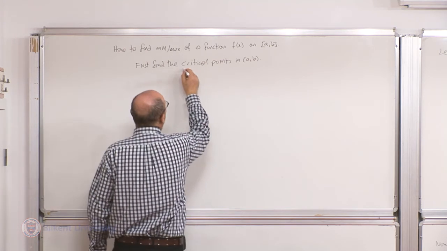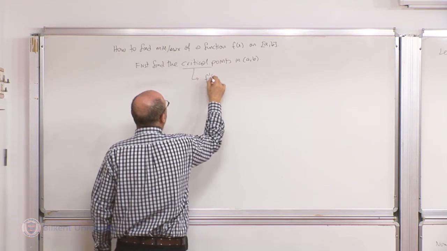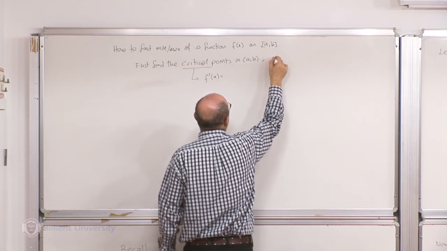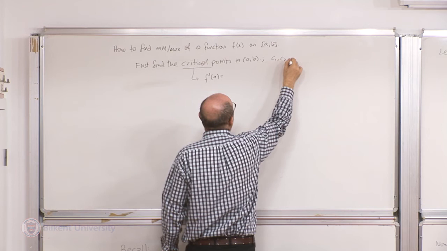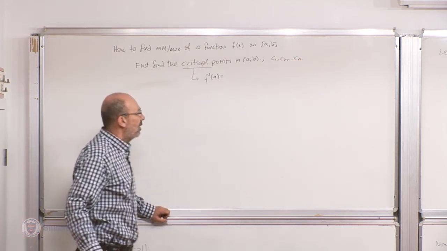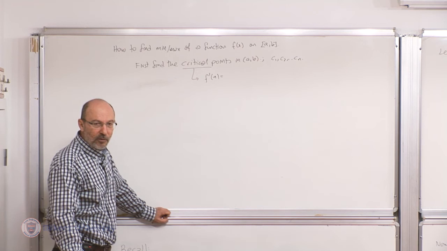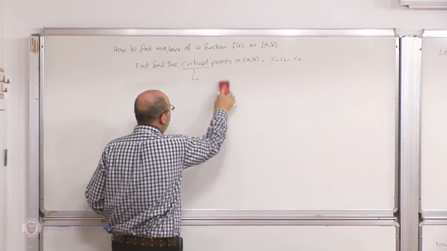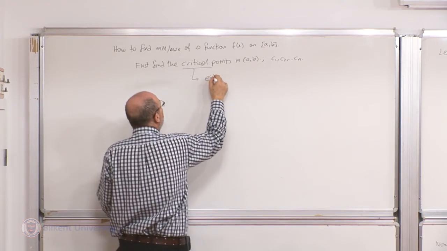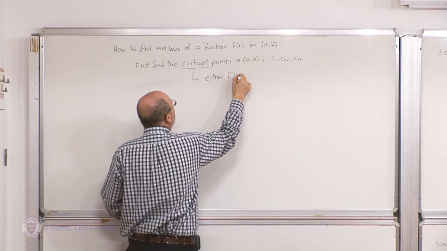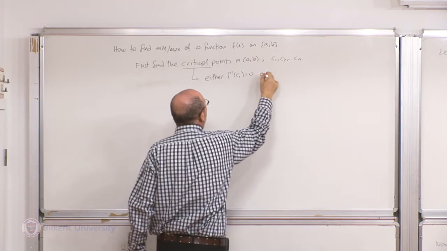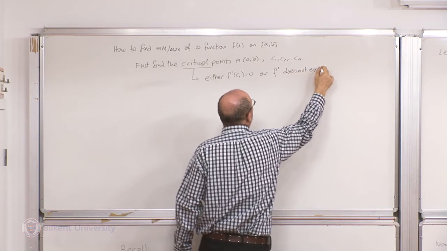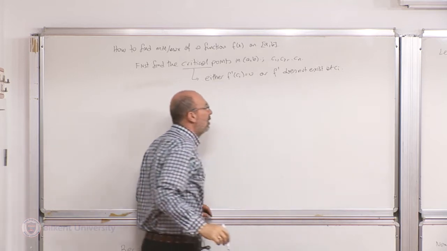Critical points means that f prime equals 0. Let's say the critical points are c1, c2, cn. Generally, if it's an exam question, you'll get one or two of these. Either the derivative is 0, f prime c i equals 0, or f prime does not exist at c i.